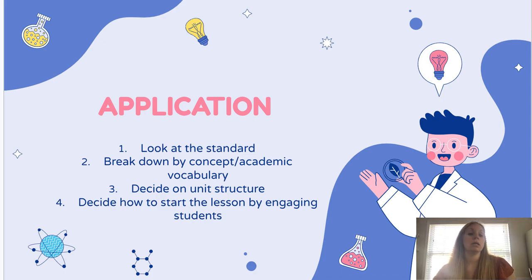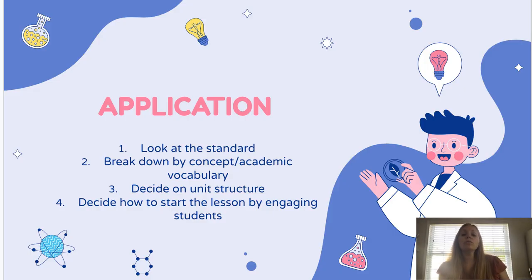And then decide how you're going to start the lesson to engage those students. Is it going to be creating a theory? Is it going to be measuring and analyzing? Google is going to be your best friend. I use Google and all these different AIs just to get those creative thoughts of how am I going to teach this. I use them all the time.